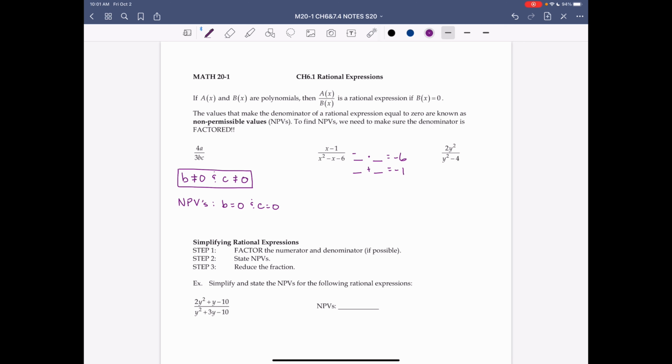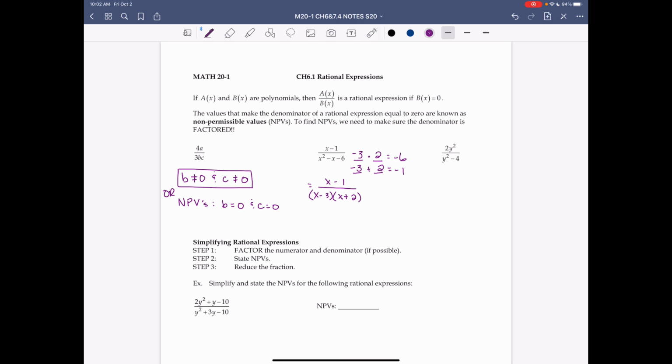So negative 3 and positive 2 multiply to negative 6, and negative 3 and positive 2 add to negative 1. Factored form then becomes x minus 1 over x minus 3, x plus 2.